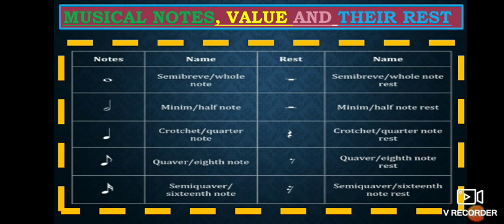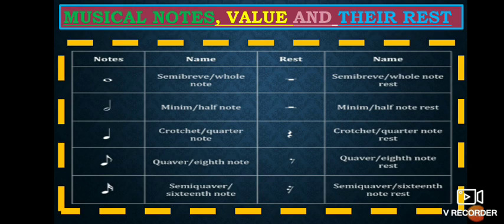Now the number 3, which has a black head, a shaded head with a stem. The difference between minim and crotchet: minim has an open head, while the crotchet has a shaded head.